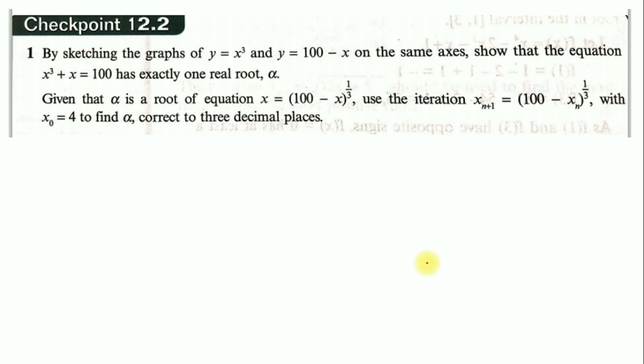Now if you have your textbook with you, go to checkpoint 12.2, question 1. For the first part of the question, they ask you to sketch the graphs of y equals x power 3, and this other graph on the same axis to show that the equation has exactly one real root.